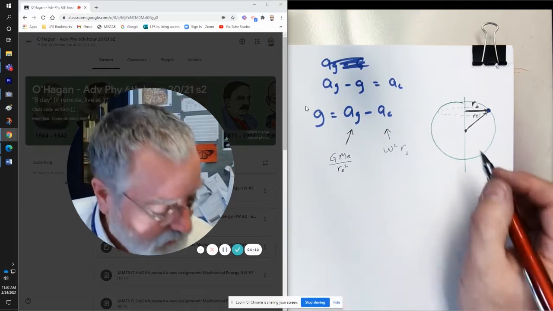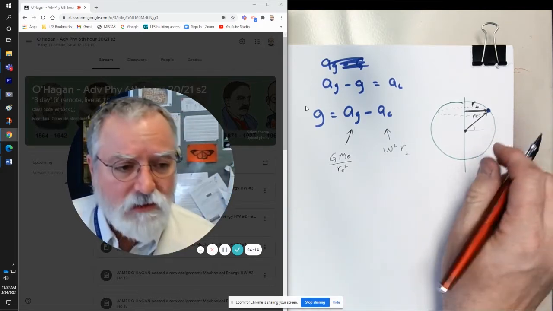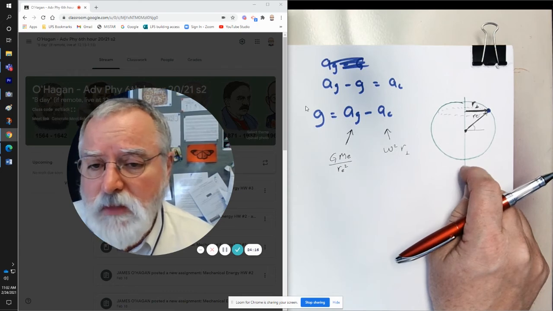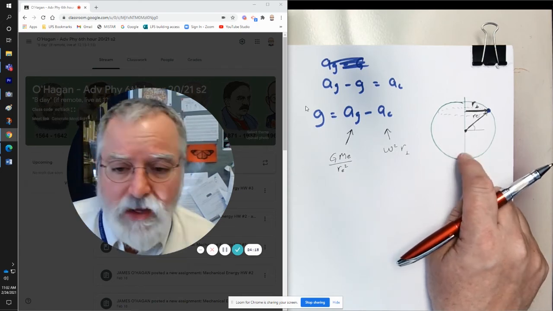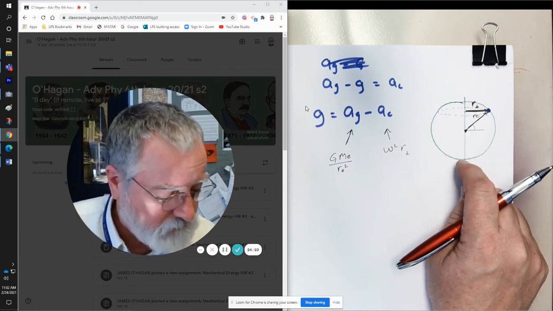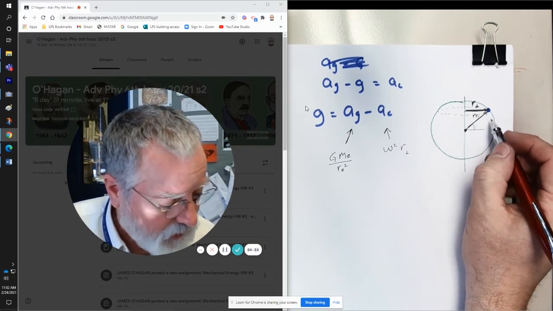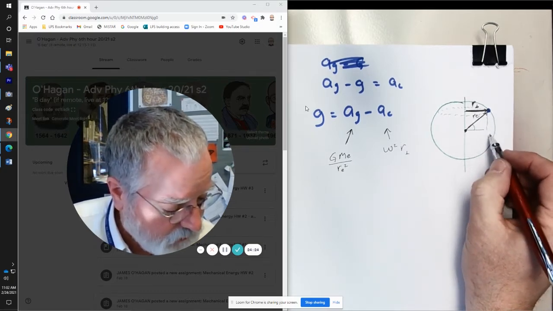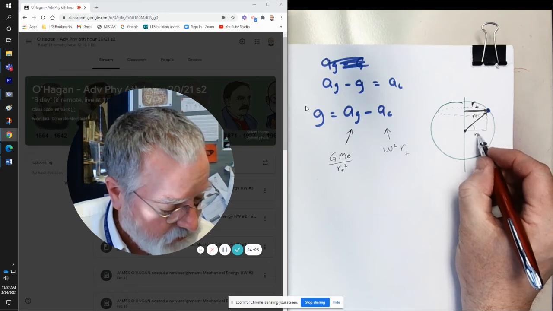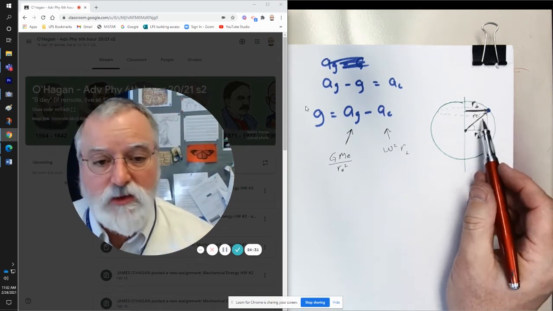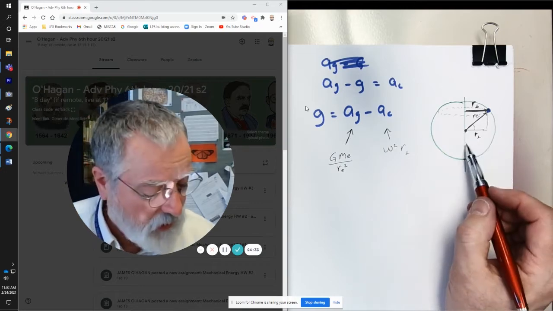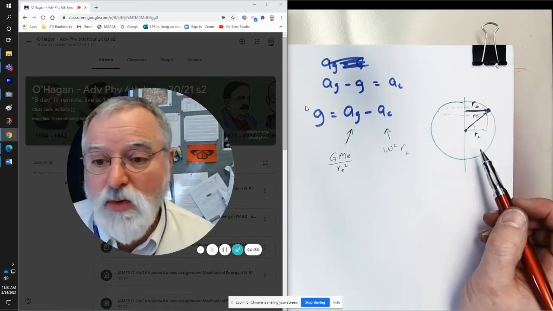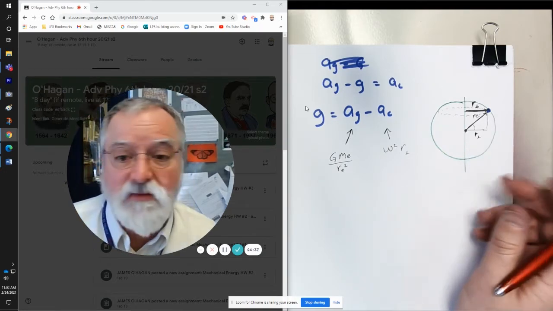If you want to know, I'll tell you. This angle, how far up you are, is the latitude angle. If you know your latitude in degrees, easy. Make a right triangle here, and this is the perpendicular radius. To get that, you take the radius of the Earth and multiply it by the cosine of the latitude.